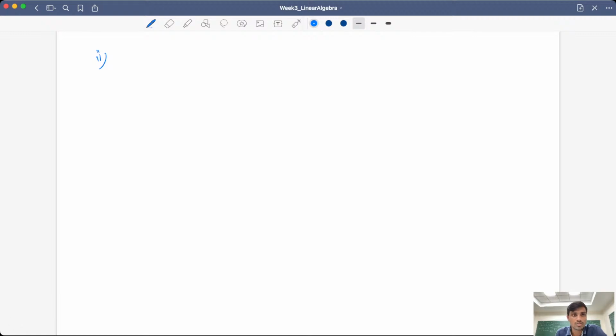For any x belonging to X, I should get that x plus f inverse 0, where this 0 is in the vector space V, is by definition f inverse of fx plus f of f inverse 0, that is just 0. So this is fx plus 0, 0 being the identity element in vector space V, so this is just fx, so f inverse of fx, and this is just x. So this is the identity element.